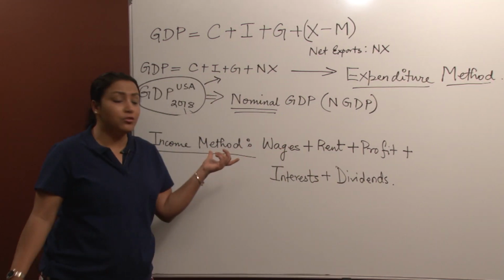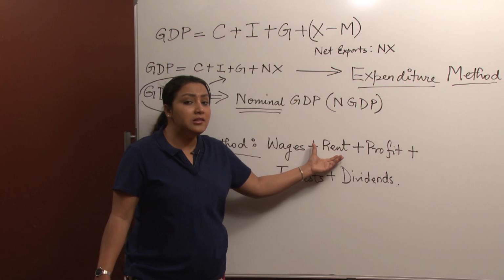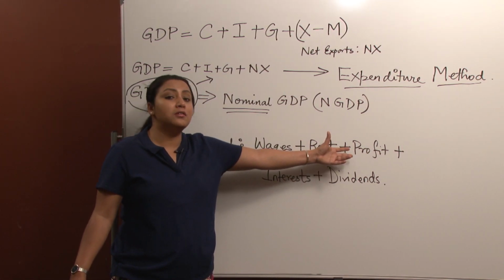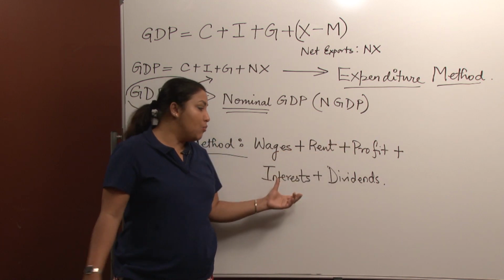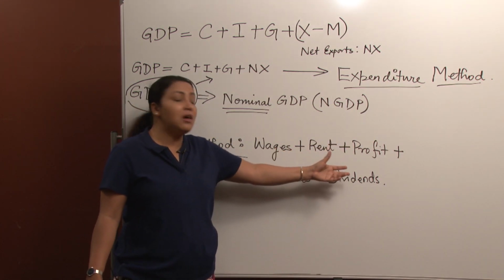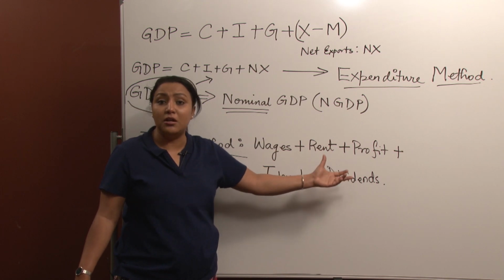Someone could earn wages or salary, someone may be leasing out or renting out something and earning rent, someone may be having a business firm and making profit, someone may be investing in financial products and earning interest, and someone may hold stocks and bonds and may be earning dividends.